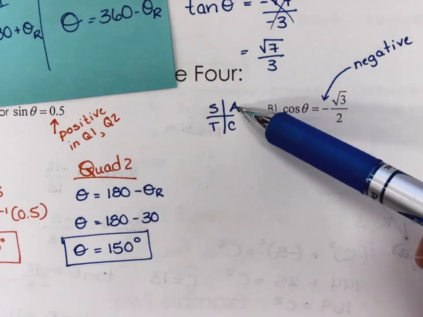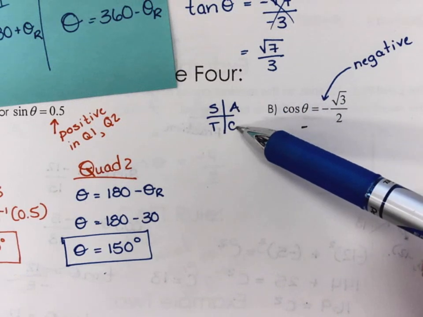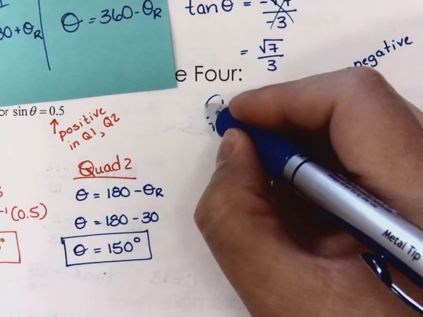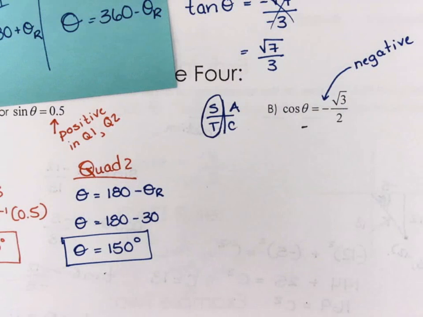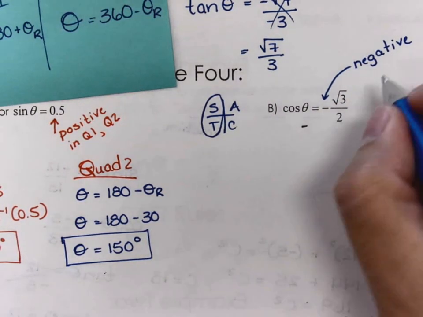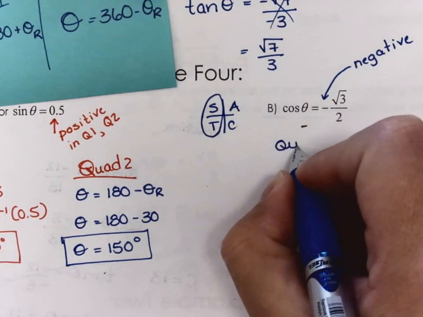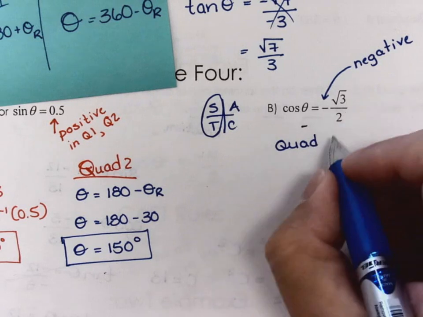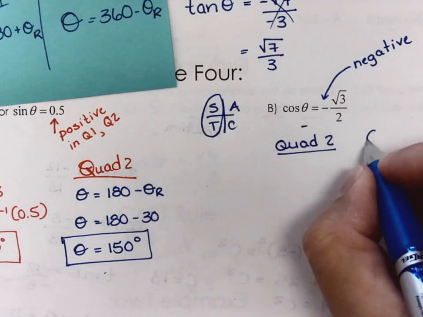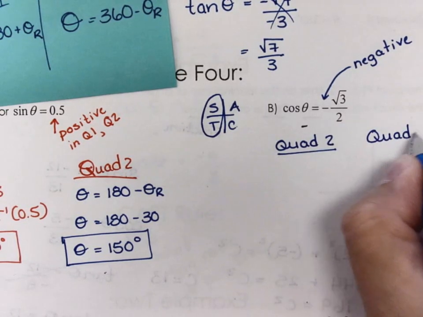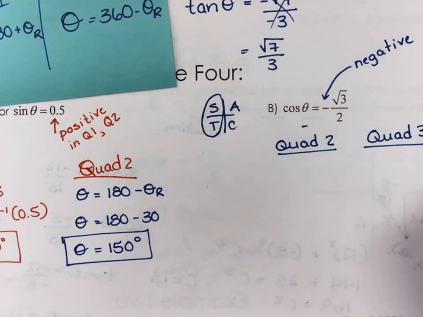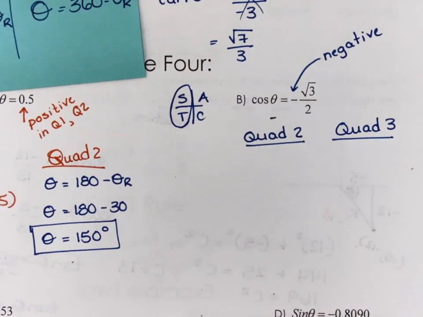So if it's positive in 1 and 4, we know that it has to be negative in the other two. So my answers are going to be in quadrant 2 and quadrant 3. That's where my answers are going to be. So that cast rule can tell us both positive and negative things.